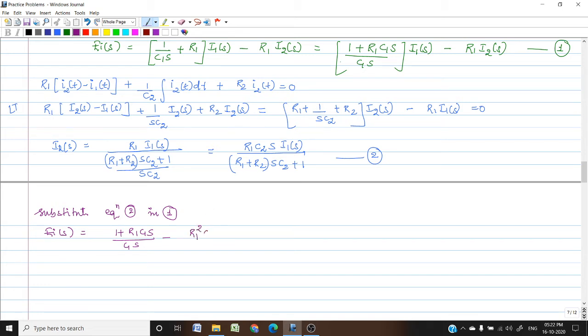So R1 square C2 S divided by (R1 plus R2) SC2 plus 1. This whole term will be multiplied by I1 of S.